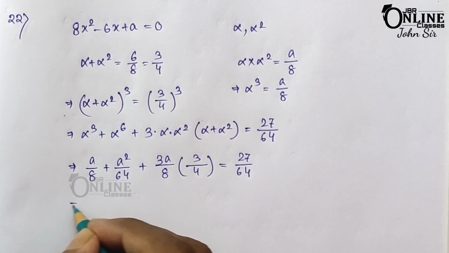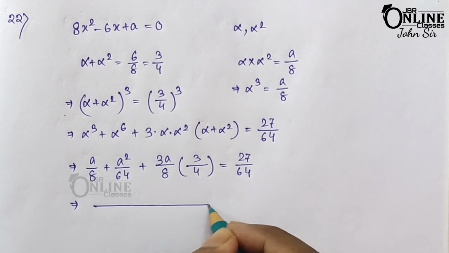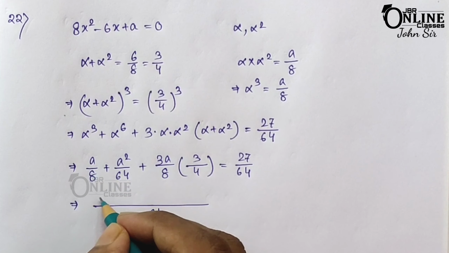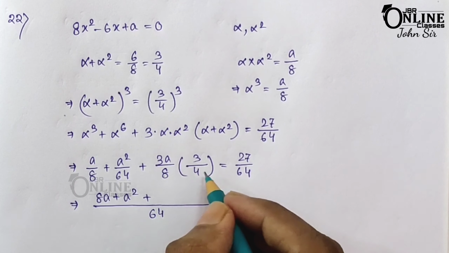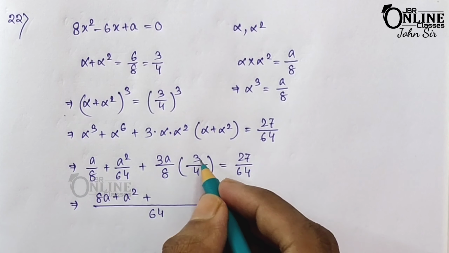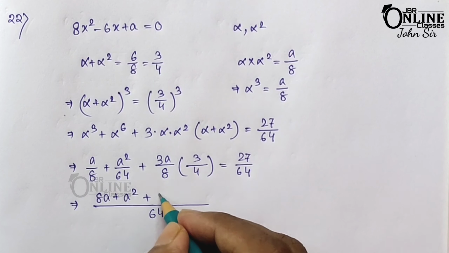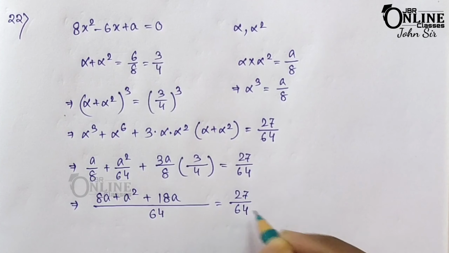So now here, if LCM equal to 64, then this one will be 8a plus a square, and here 8 fours are 32, 32 twos are 64, so 3 into 3 is 9, 9 into 2 is 18, so that equal to 27 by 64. So 64 cancel out.